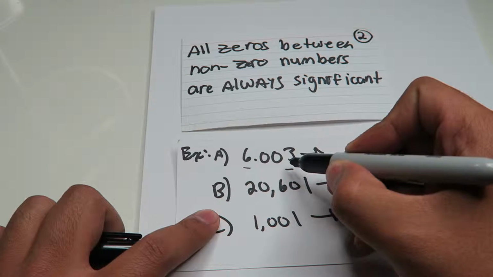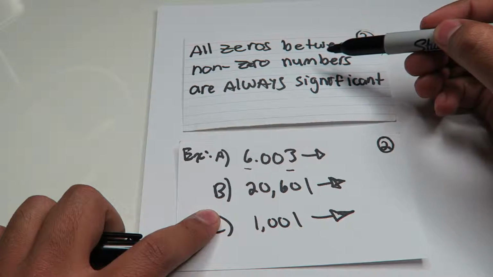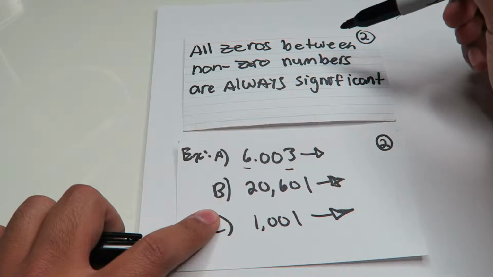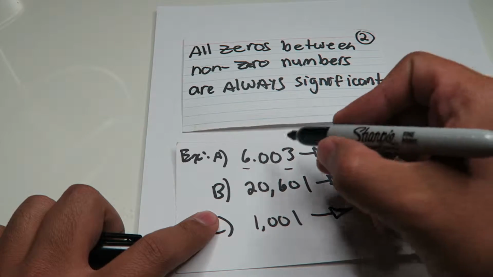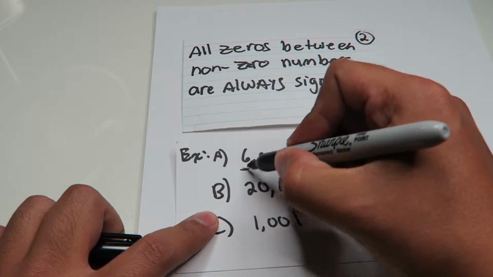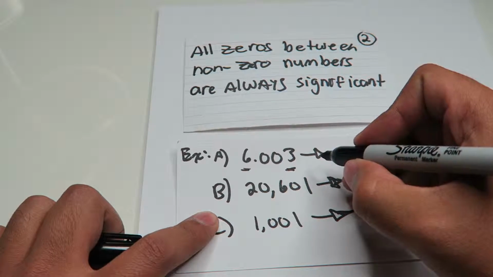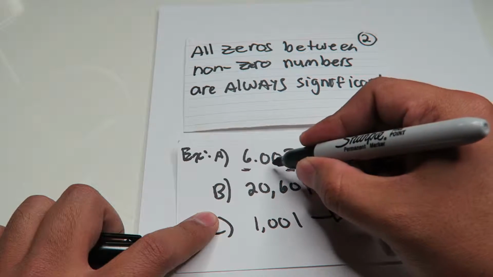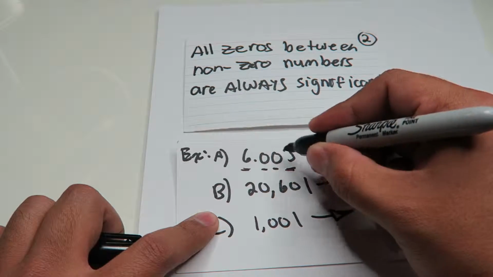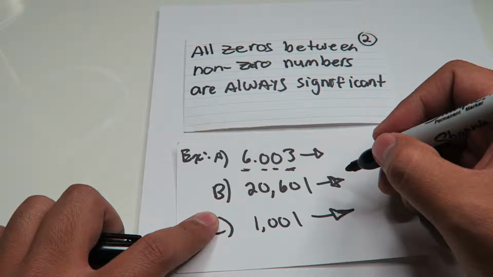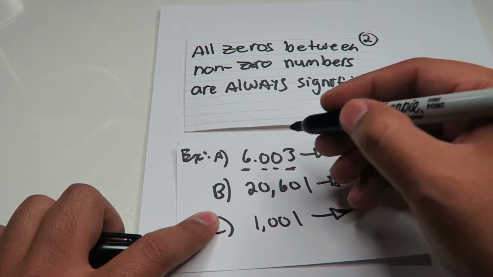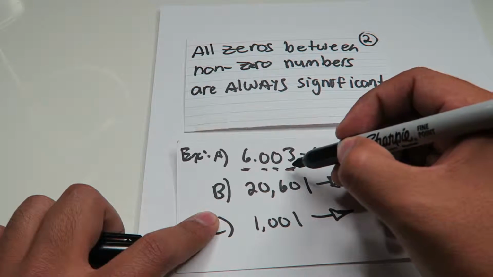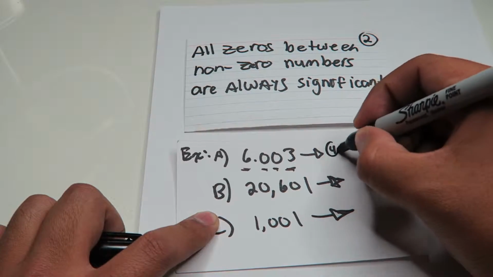All four of these are going to be significant, because the rule above says all zeros between non-zero numbers are always significant. Since the 6 and 3 are both non-zeros, and the zeros are between the non-zeros, it makes the whole number significant. So we have 1, 2, 3, 4 significant figures.